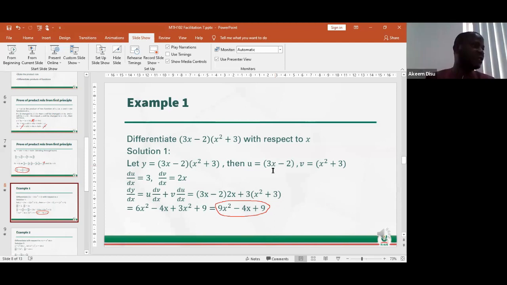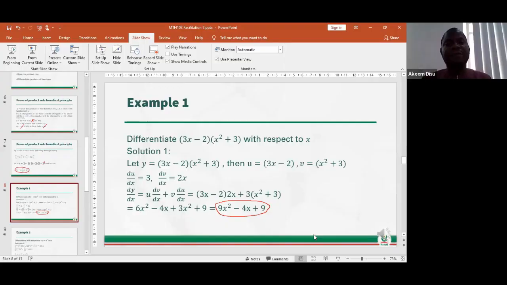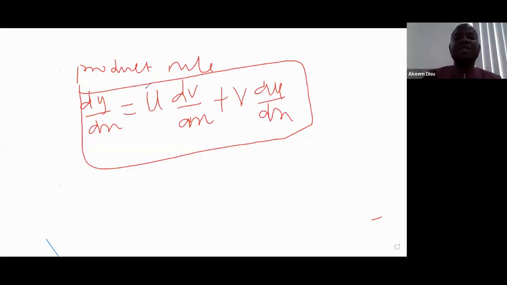To differentiate this one, let me share my board. This is the product rule that we are going to use. But let me put on the question.